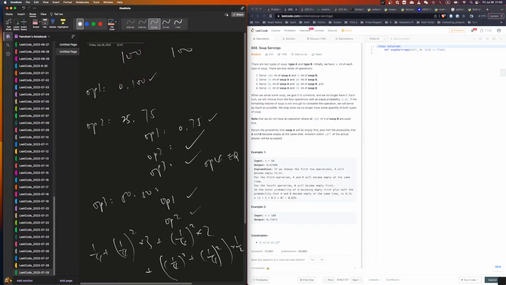So we have 0.25 plus 0.25 squared times 3 plus 0.25 squared times 2 plus 0.5 times 0.25 squared times 2. No way, it's wrong. What?